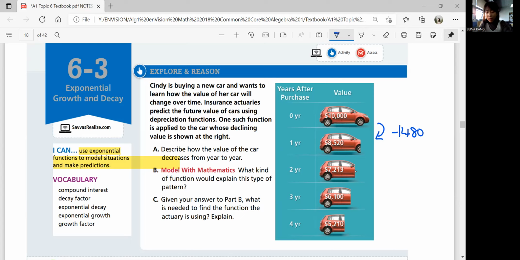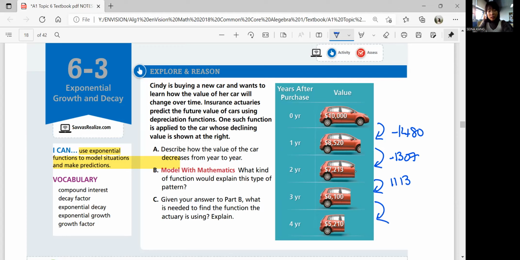And then from 8,520 to 7,213, the value dropped by 1,307, okay? And that's also about 15%, okay? And then from 7,213 minus 6,100, the price dropped another 1,113.